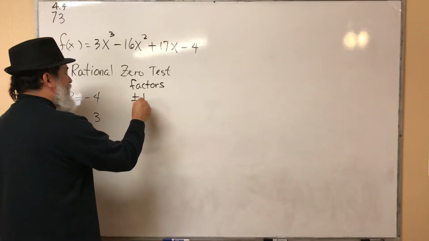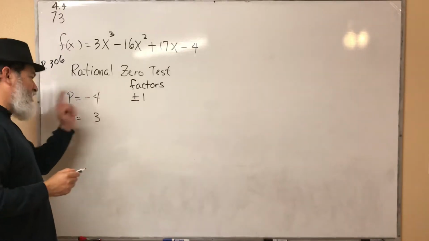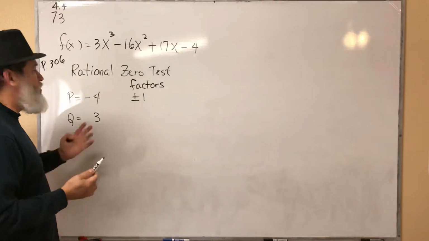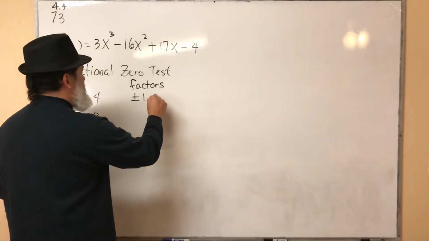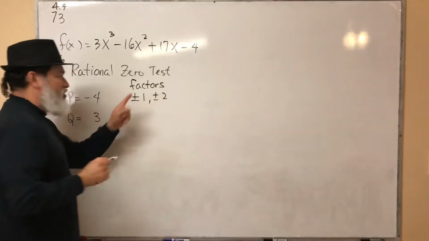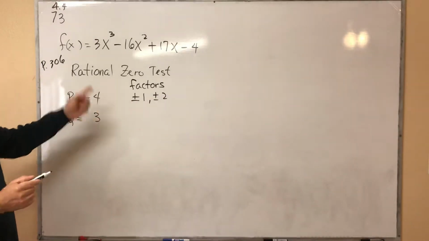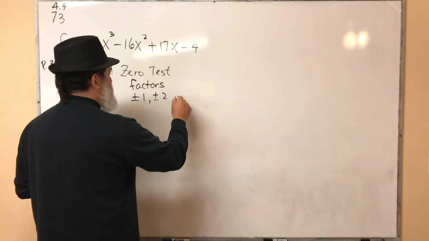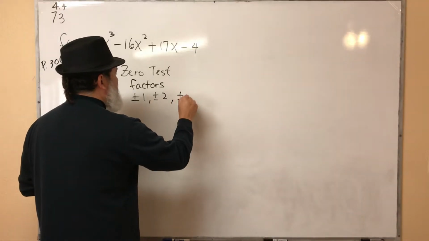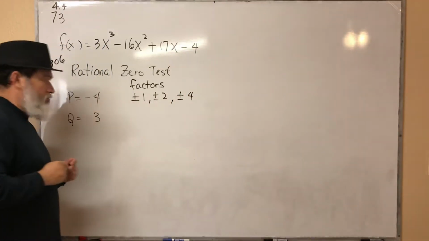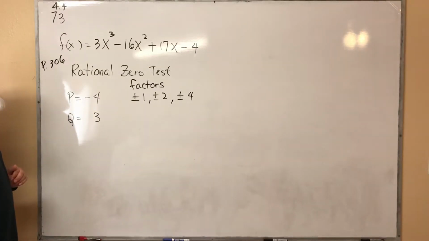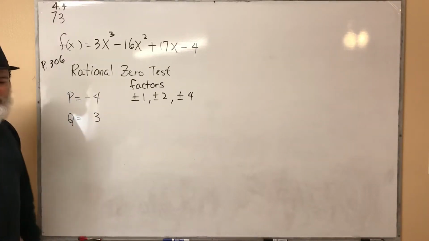Plus minus 1. 1 goes into negative 4. Negative 1 goes into negative 4. What else? Plus minus 2. 2 goes into 4. Negative 2 goes into 4. Plus minus 4. These are the possible factors of negative 4.